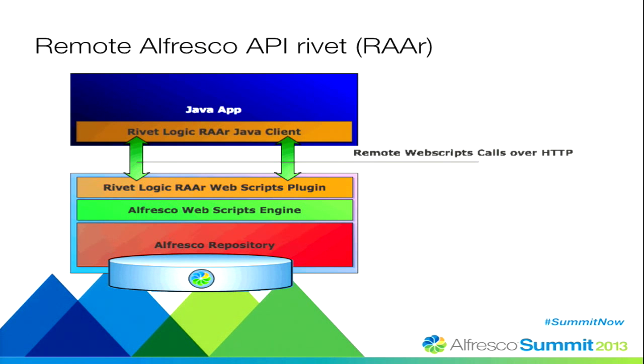It will make a RESTful call into Alfresco, execute that call on the server side, get the result back, and give it back to you. If you didn't have this, and you wanted to integrate your Java application into Alfresco, you would end up building this. So it made so much sense for us to contribute this, so that people don't have to keep building it over and over again.